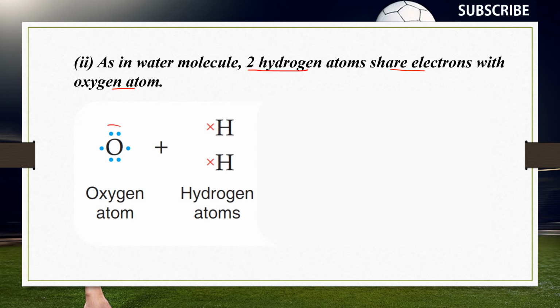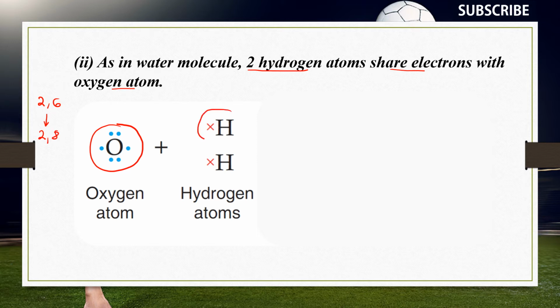When you look at this atom of oxygen, it has 6 electrons in the outermost energy level, all coming from its electronic configuration, which is 2, 6. However, this oxygen atom would love to have 8 electrons to be stable. The same applies to hydrogen.